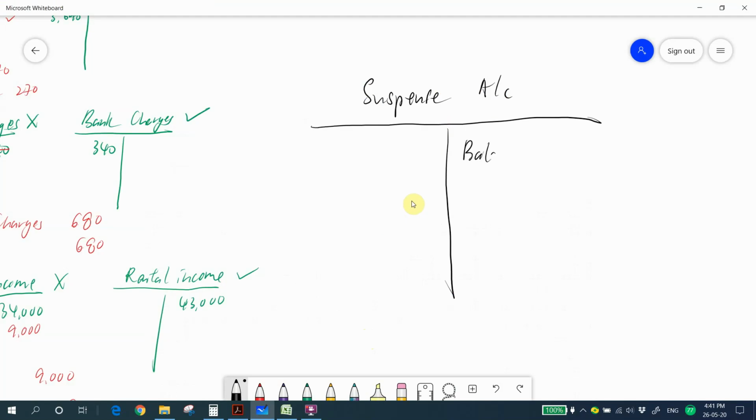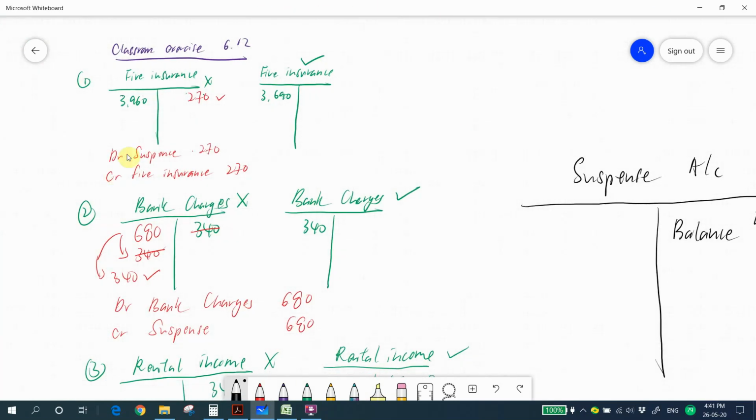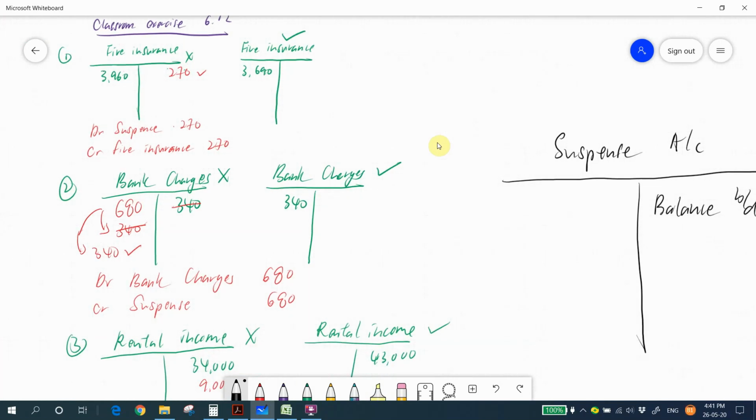So the balance b/d 8,590. So we follow the sequence to record the entries. The first entry is we debit the suspense account. So we write fire insurance here, 270.